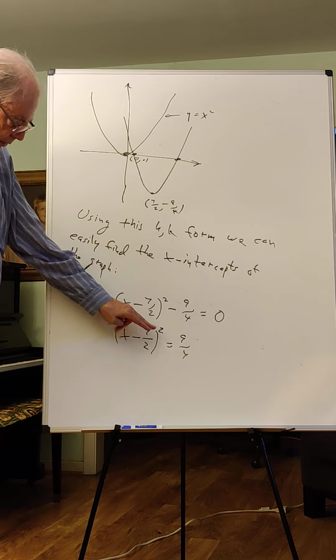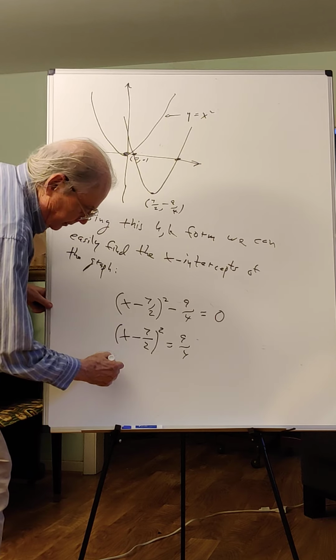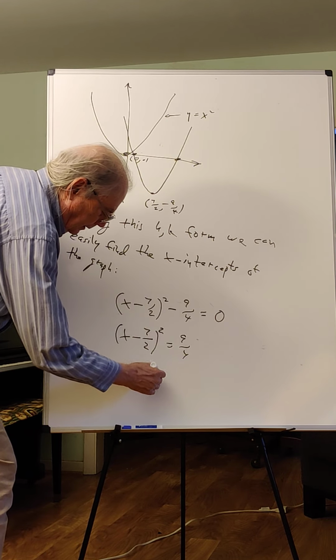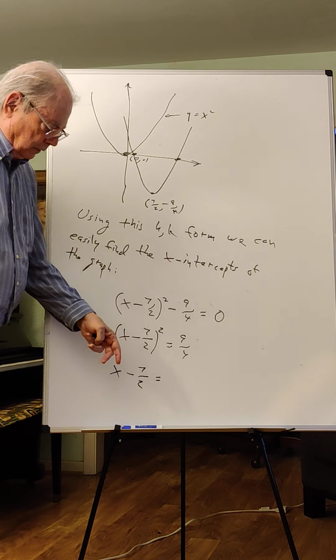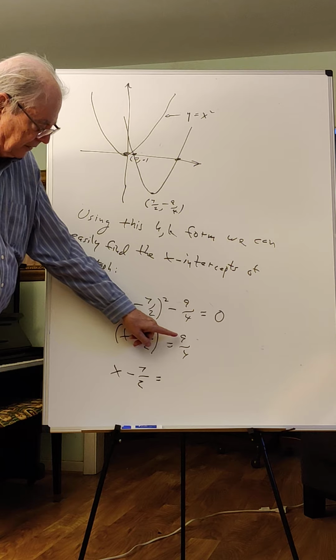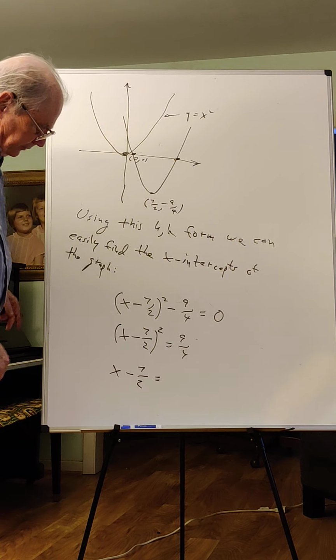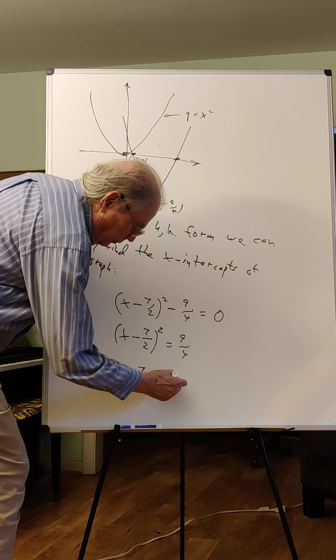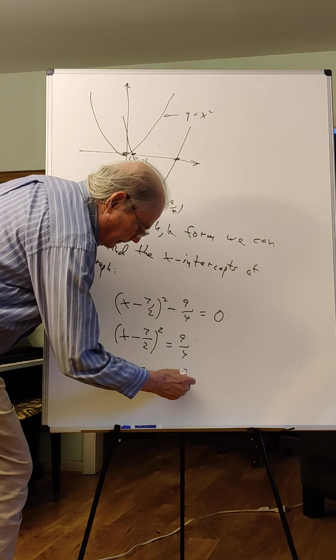So when you square a number, take the square root, you're back to where you started. Now what about the square root of 9/4? There are two of them. One of them is 3/2, the other one's minus 3/2. So x minus 7/2 is plus or minus 3/2.